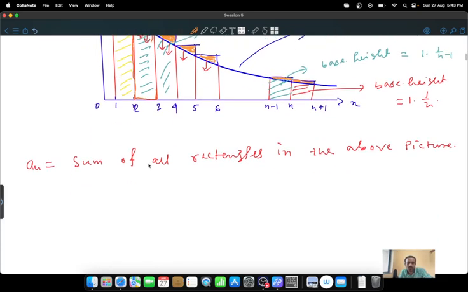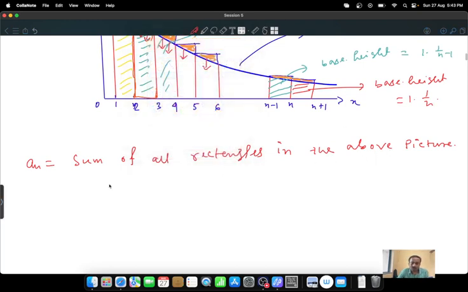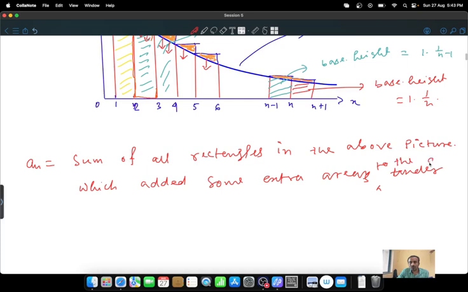So let me now write it in one line: the sum of the rectangles has added some extra areas to the area under the graph of y equals 1 by x in between 1 to n plus 1, right?